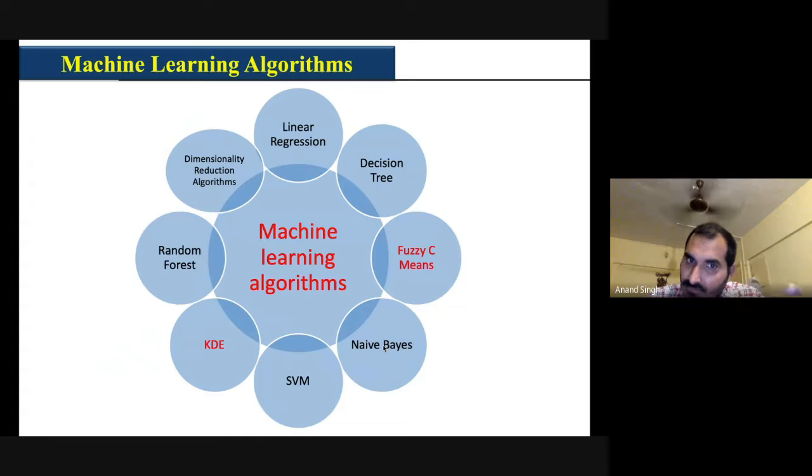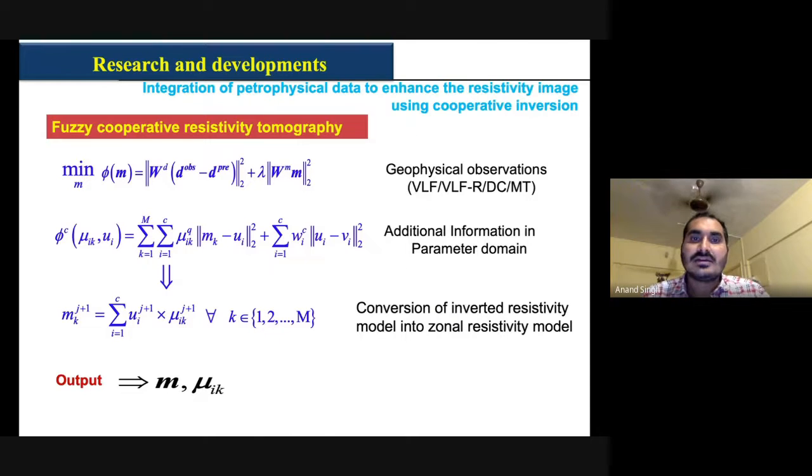So we went to the first basket to improve our subsurface imaging, the machine learning based algorithm, where we did fuzzy c-means clustering and kernel density estimation. We covered the mathematical framework by which we can combine the minimization function with machine learning to improve the images.